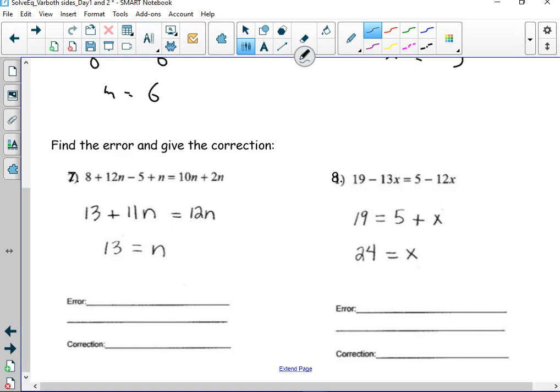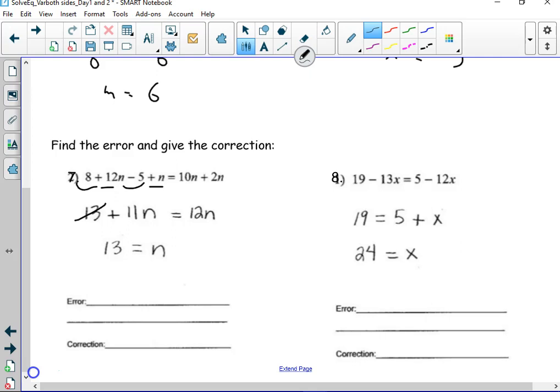Okay, so on the first one, the first step is to combine the numbers. 8 minus 5 is not 13. 8 plus 5 is 13. So that is incorrect. Okay? And then 12n plus n is not 11n. 12n plus n is 13n.